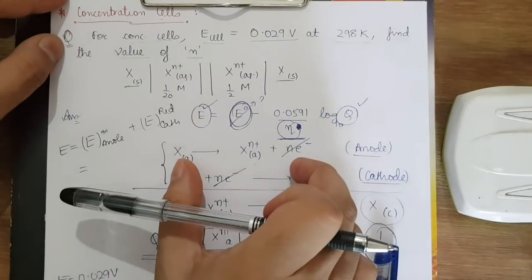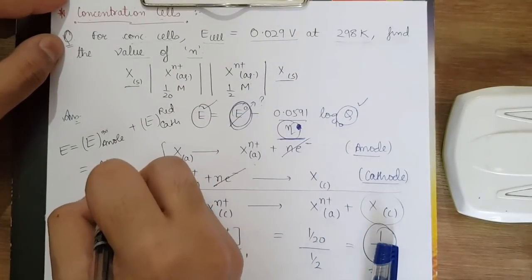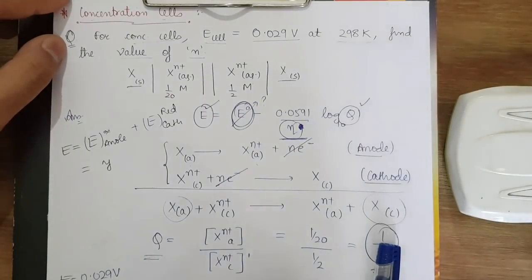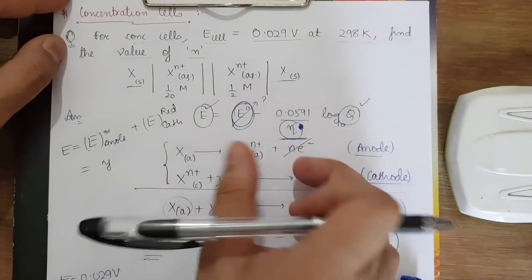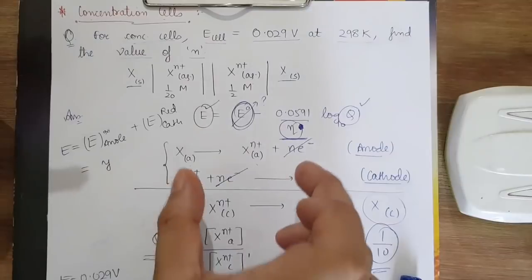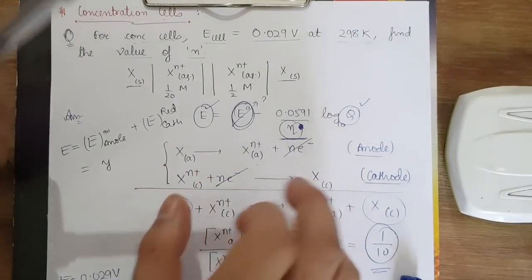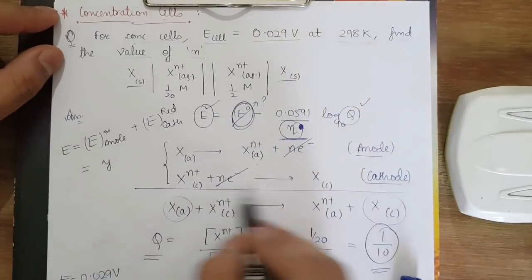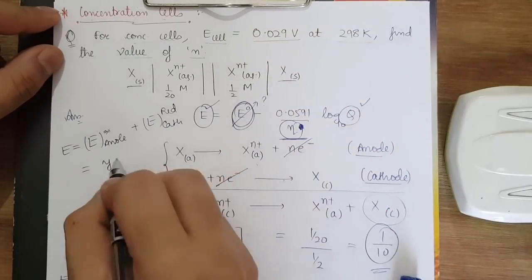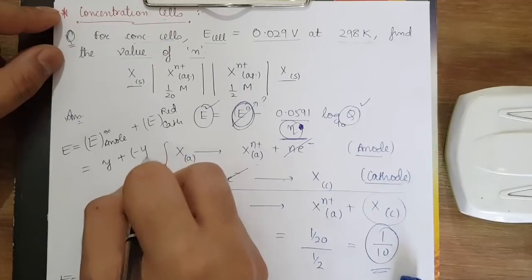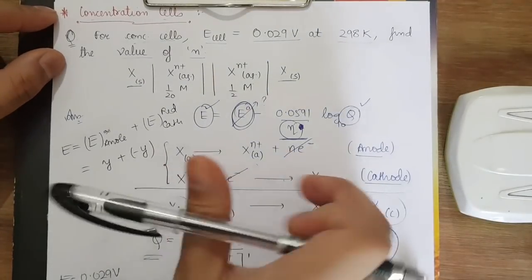If E anode is taken to be some variable Y, then the cathode is just the reverse reaction. You take this reaction, flip it, and you get the other reaction. So E reduction of the cathode would be equal to minus Y, because we have just inverted this reaction.